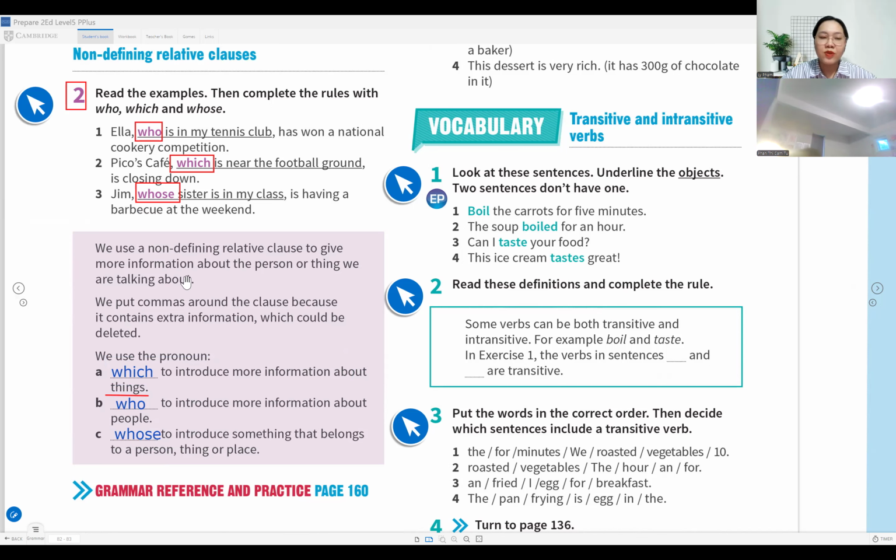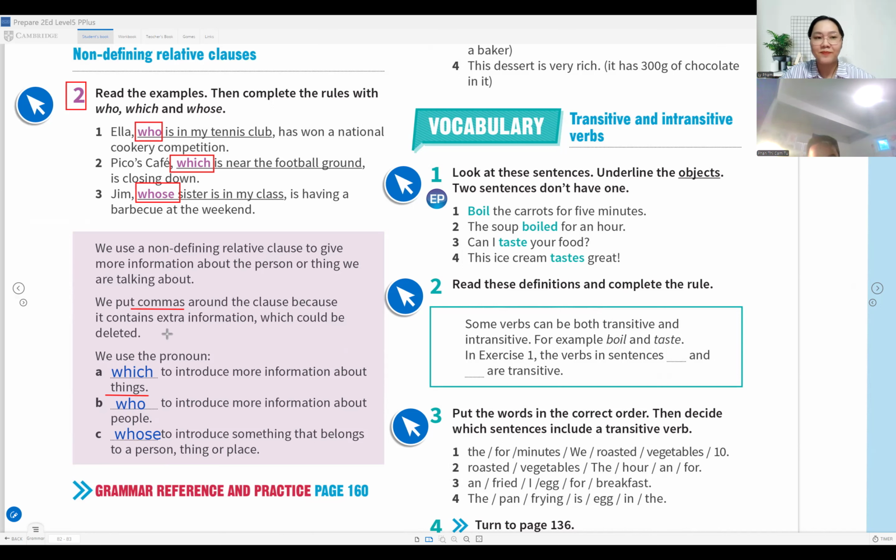Alright, so the difference between the defining relative clauses and non-defining ones, we can see the comma. For the non-defining relative clause, we will put one comma or even two commas around the clause. Because the relative clauses here contain extra information, which is unnecessary information, we can delete it.